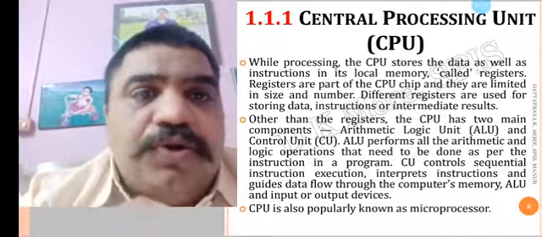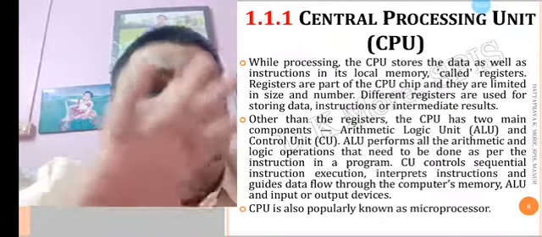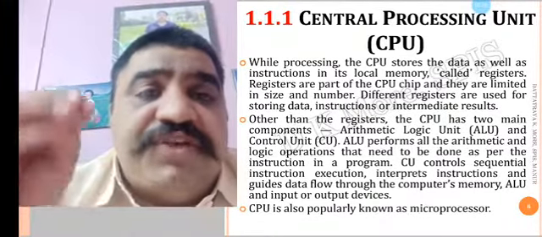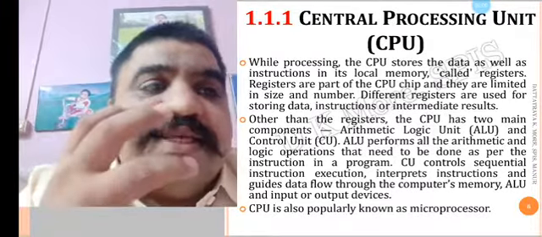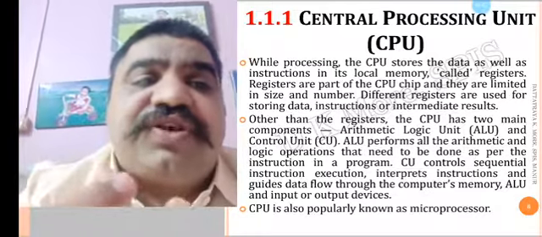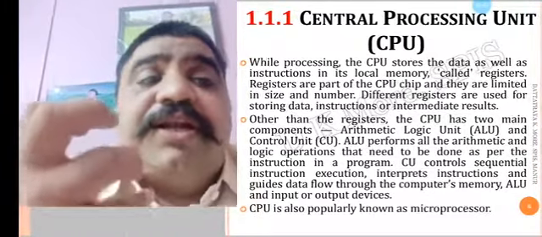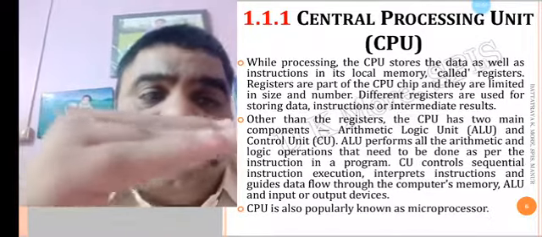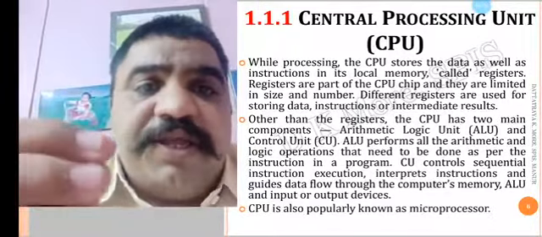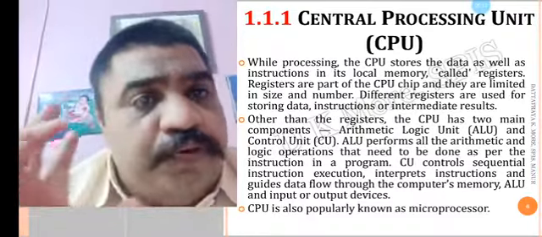CU means control unit. It controls all activities which are carried out in the CPU, or you can say that it controls sequential instruction execution, interprets instructions and guides data flow through the computer's memory, ALU and input or output devices.